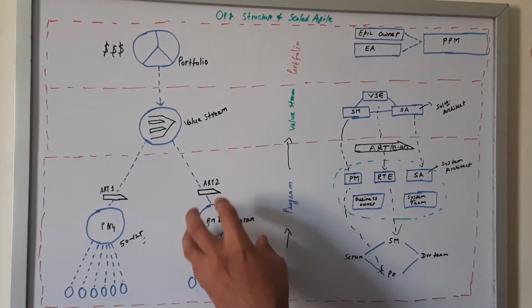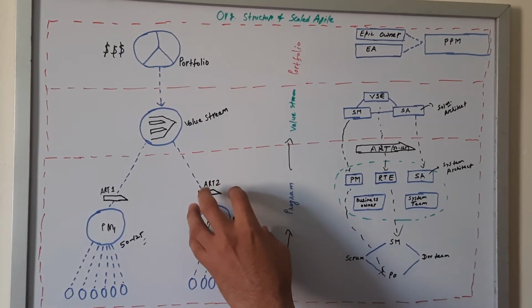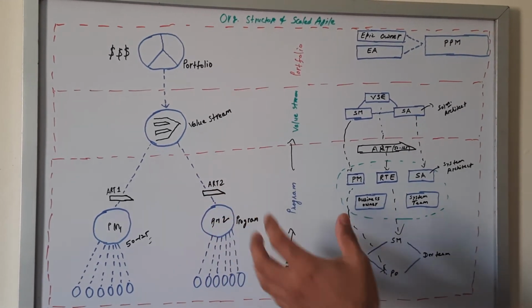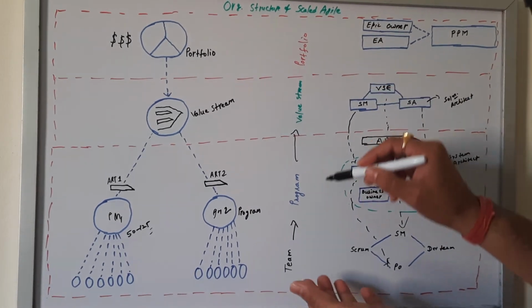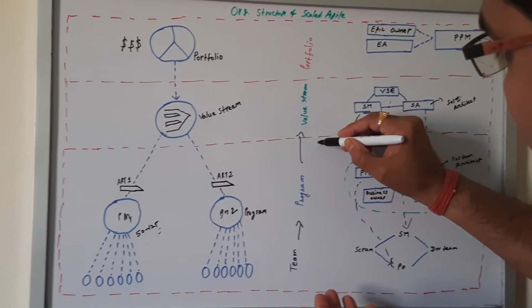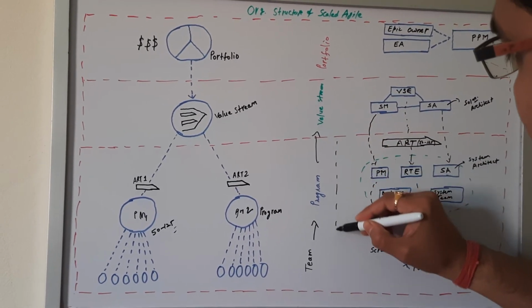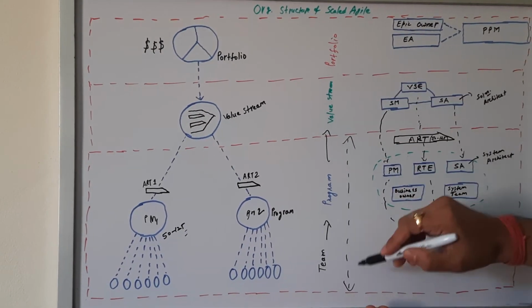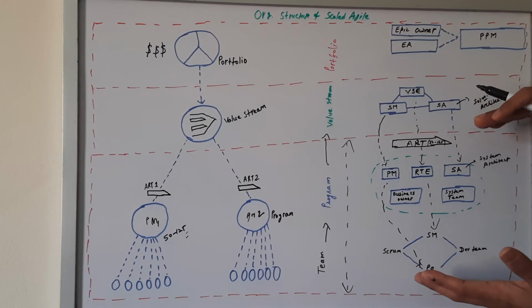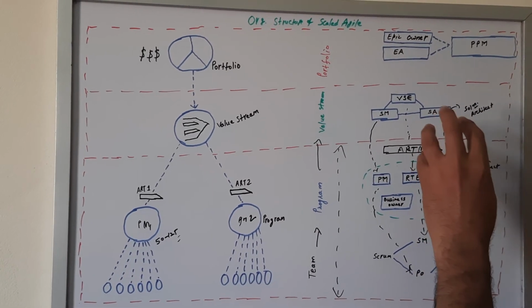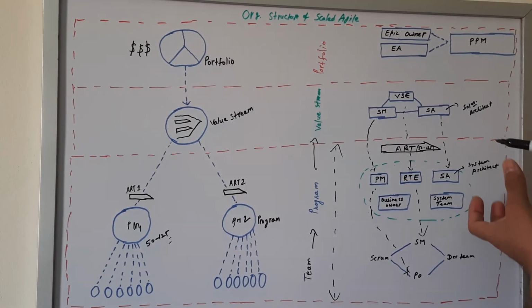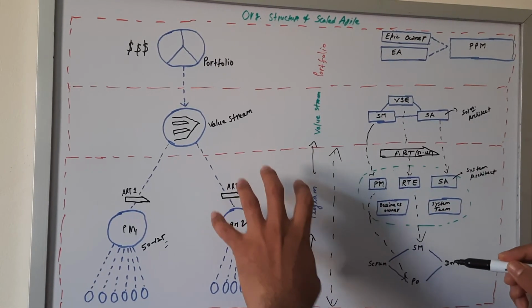Agile Release Train 2 is the delivery for another program level. The two levels from program to team are known as the Agile Release Train. So one Agile Release Train for one program level, another for another program level.